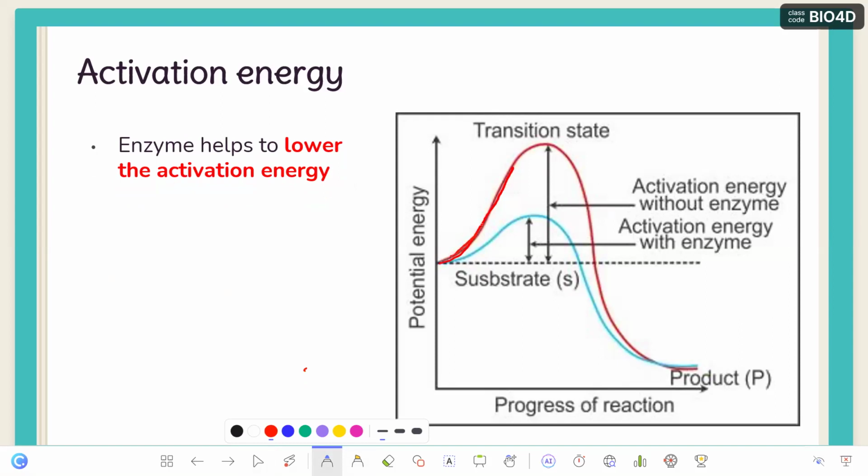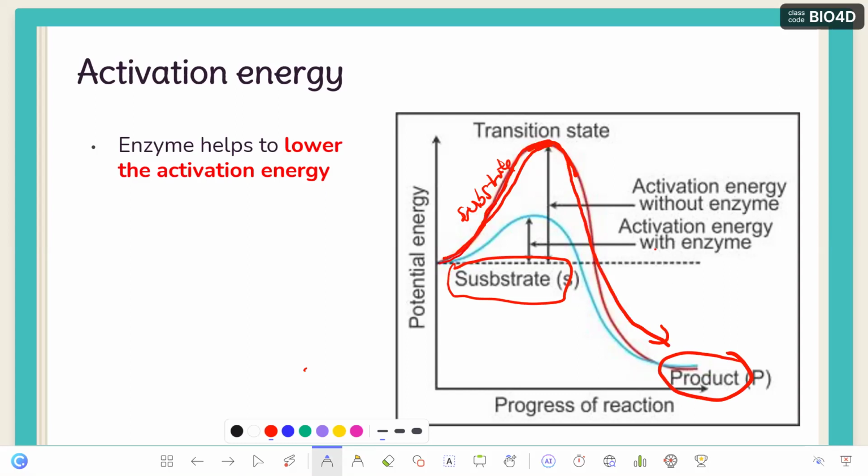Now this graph shows the original energy that needs to be overcome by the substrate. In order for the substrate to become a product, it needs to have this much energy. Later on, it will then become the product.